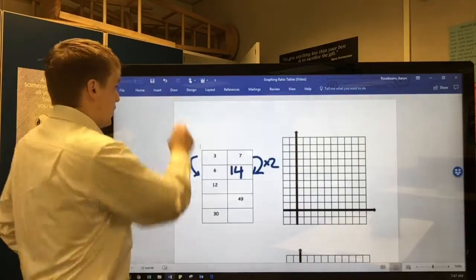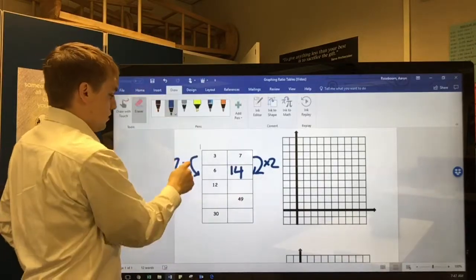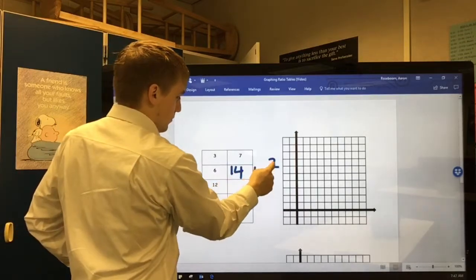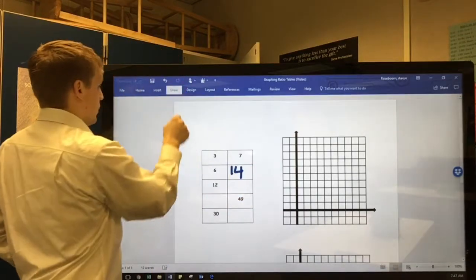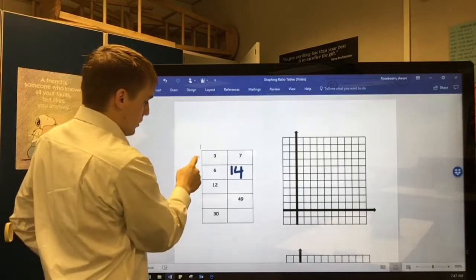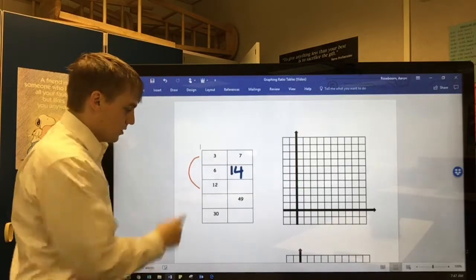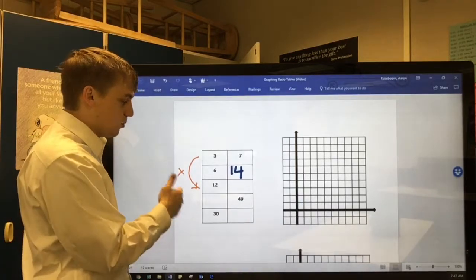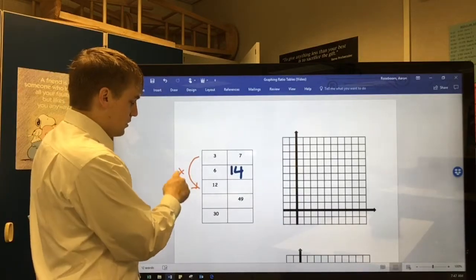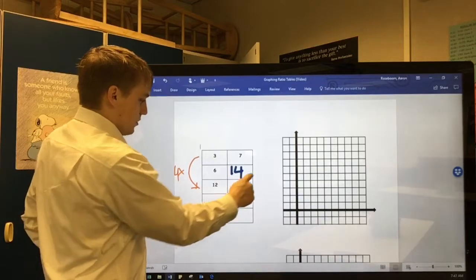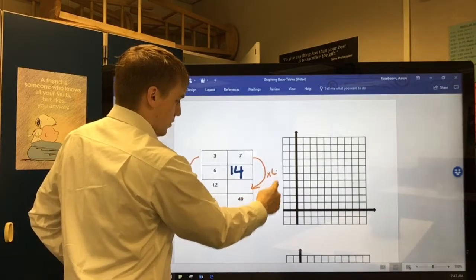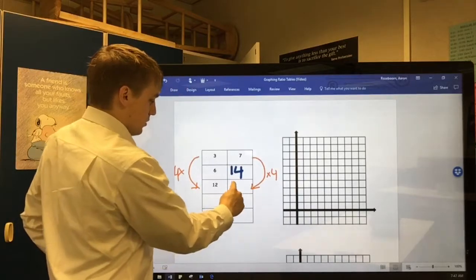Okay, let's try that again. I'm going to erase this here. Okay, so since we're going down, we're going to multiply. 3 times what gives me 12? 3 times 4 gives me 12. So 7 times 4 gives me 28.